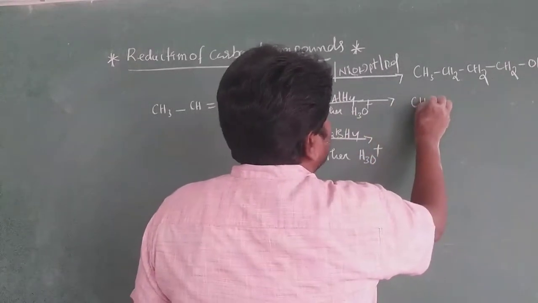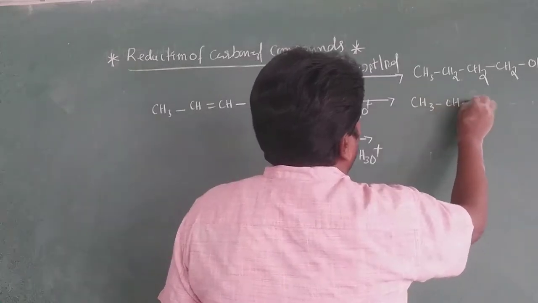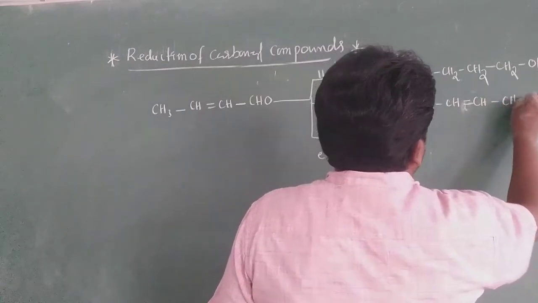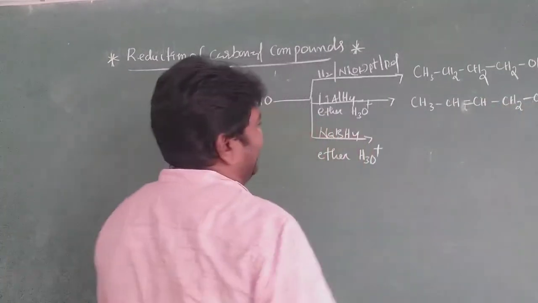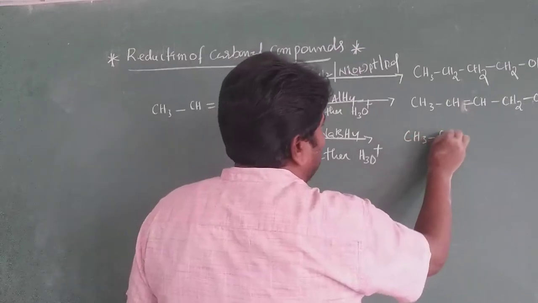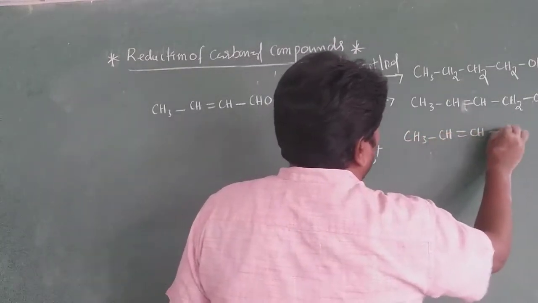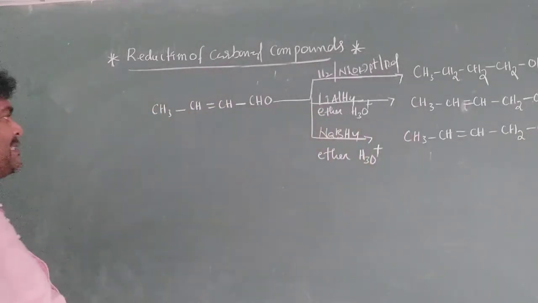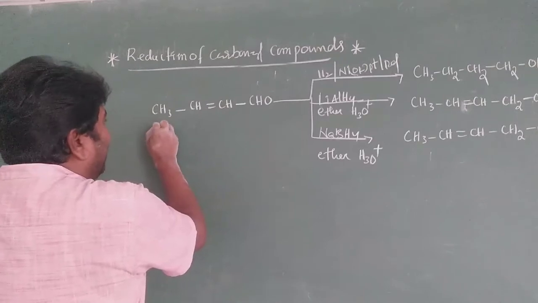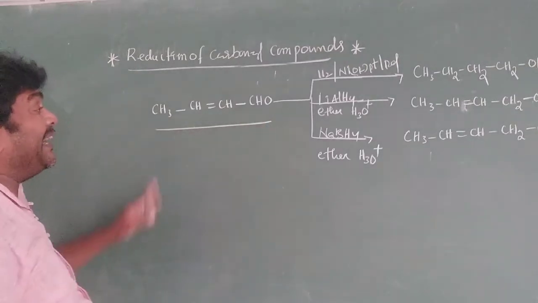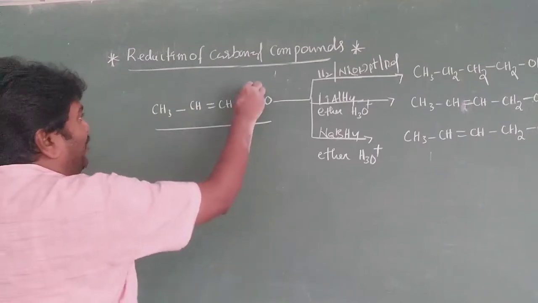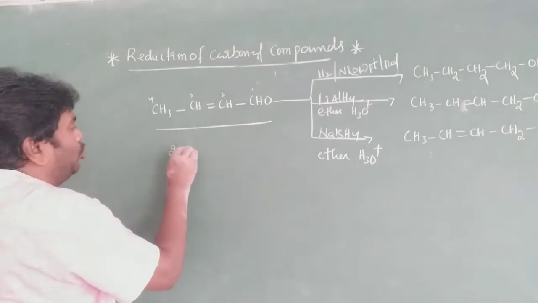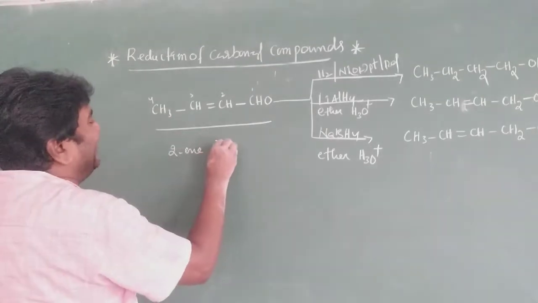It is CH3, CH double bond CH, next CH2OH. You have to verify here, this is an unsaturated aldehyde. What is its name? 1, 2, 3, 4, double bond in between 2 and 3. It is 2-butenal.